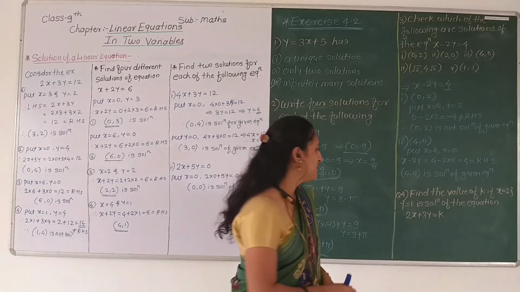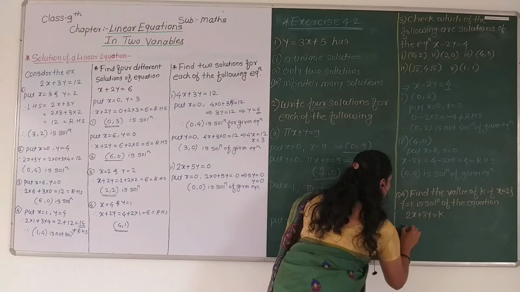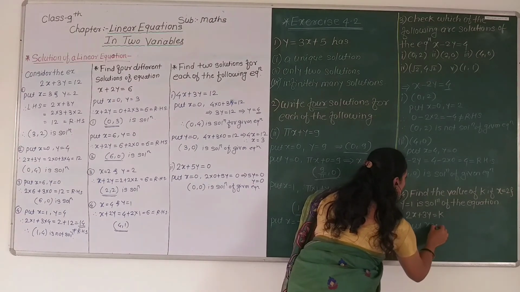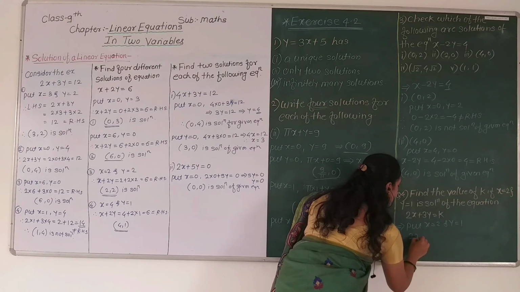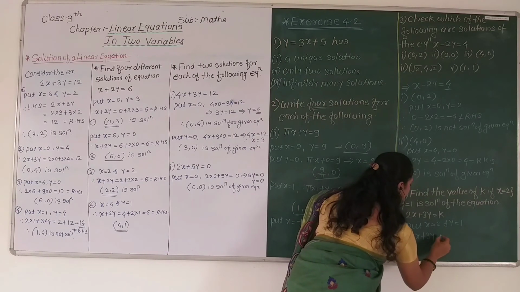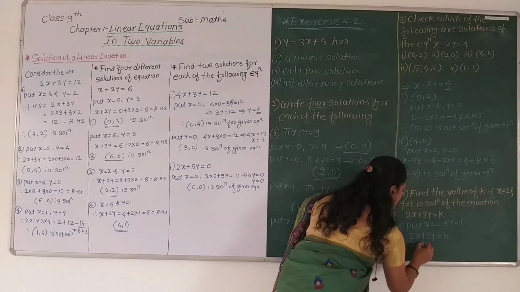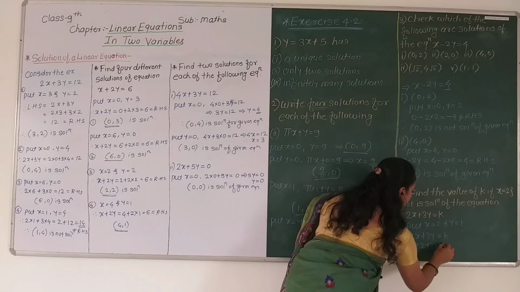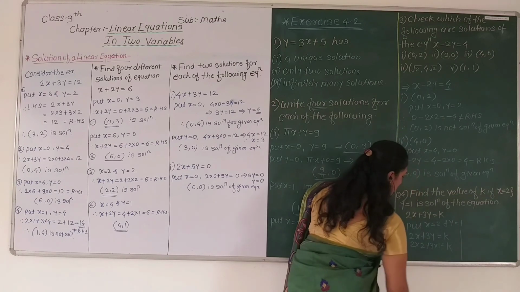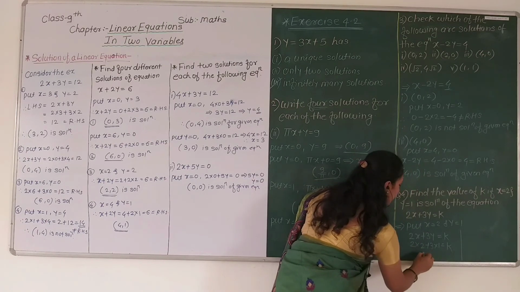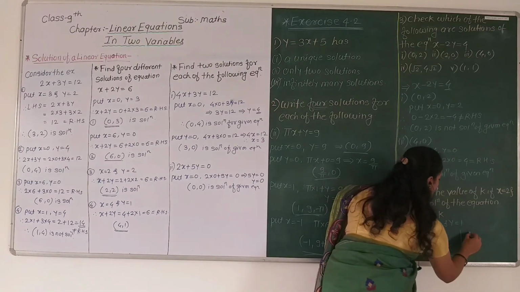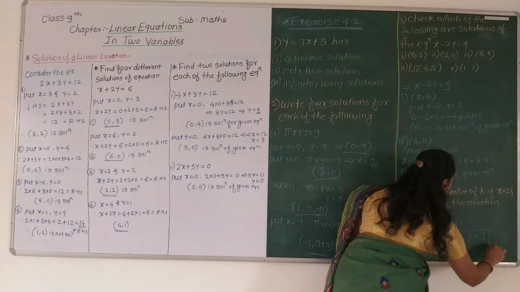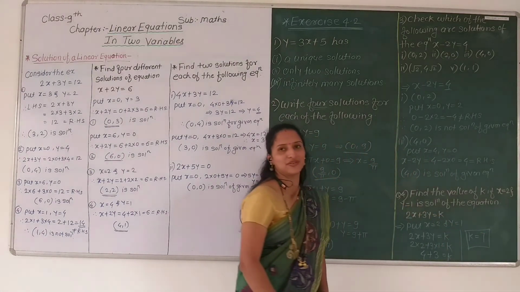It's very simple. So for this, put x is equal to 2 and y is equal to 1 in the given equation 2x plus 3y is equal to k. So 2 into the value of x, which is 2, plus 3 into the value of y, which is 1, is equal to k. So here we get 2 into 2 is 4 plus 3 into 1 is 3 is equal to k. So 4 plus 3 is 7. So we get the value of k is equal to 7.